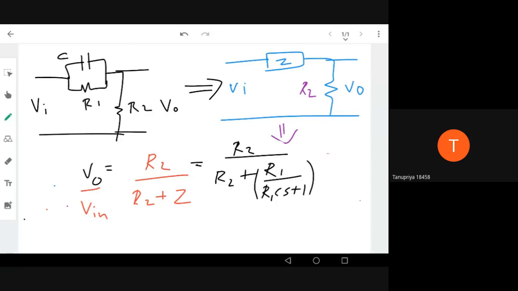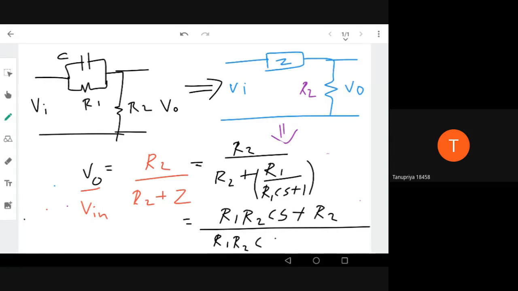So if I take the LCM and everything, this will be R1 R2 CS, this will go to the numerator, right? Plus R2 divided by R1 R2 CS plus R2 plus R1, something like this.